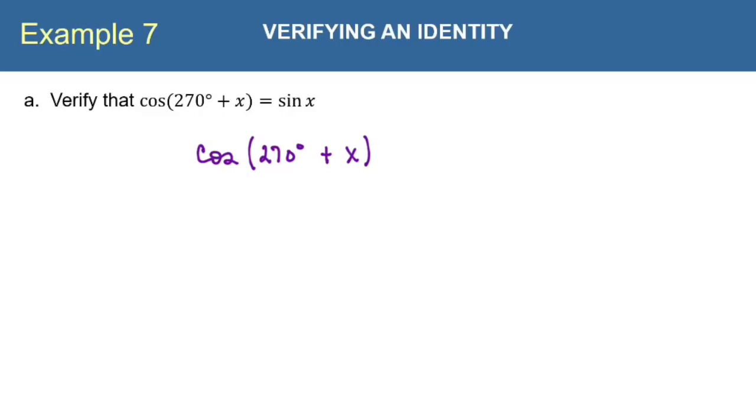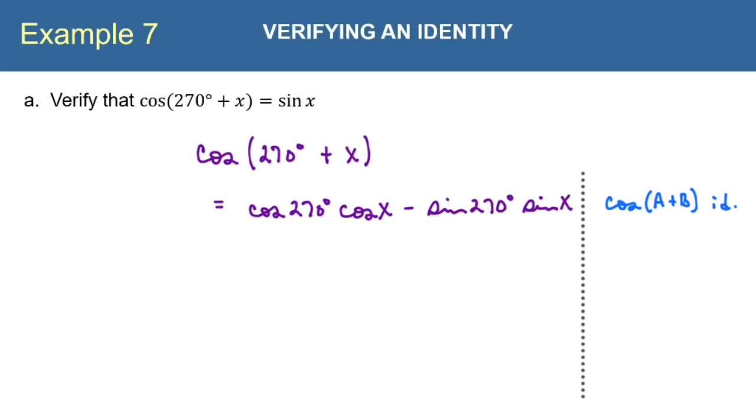Just copying your cosine of a plus b identity right off your formula sheet, you would get cosine of 270 degrees times cosine of x minus sine of 270 degrees times the sine of x. And you remember that we always had a vertical line, and then on the right side of our proof we always said what kind of identity we used. So here I've just written down that I used the cosine of a plus b identity for that.